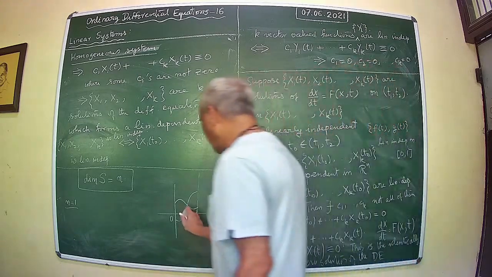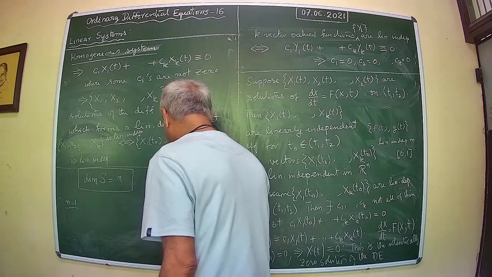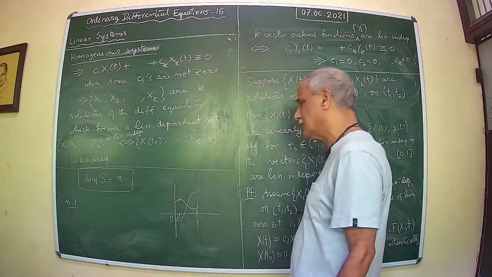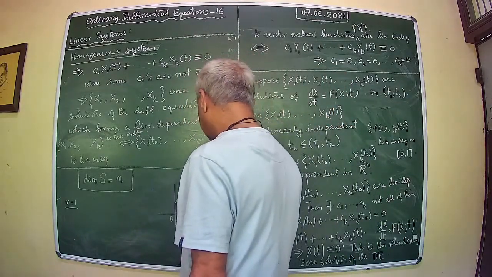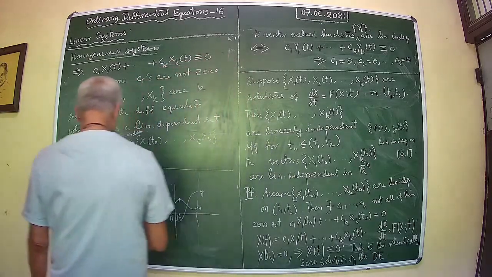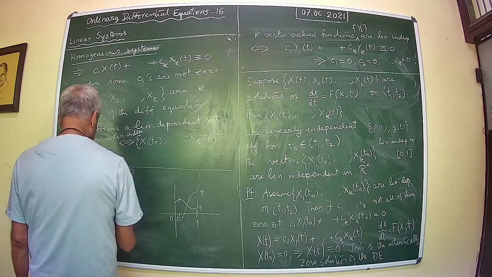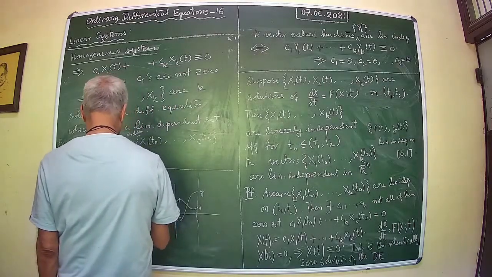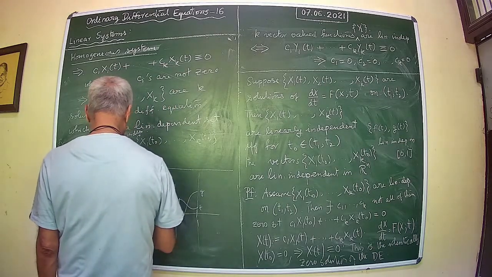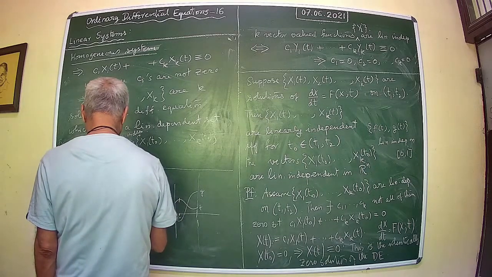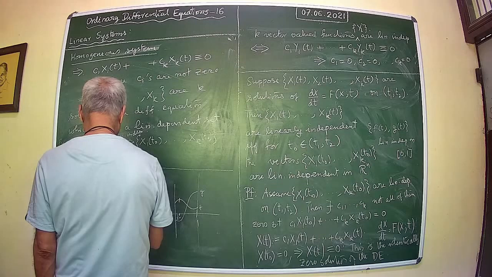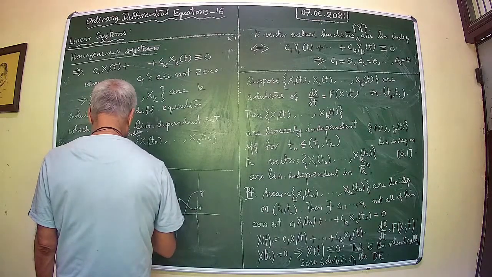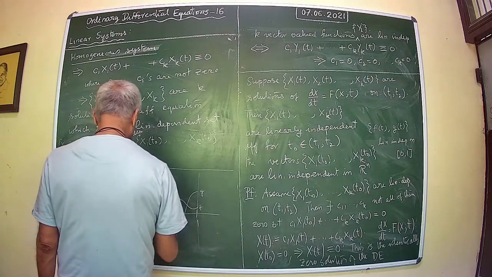So for each point t0, you can fix non-zero constants such that c1 f(t0) plus c2 g(t0) is equal to 0.